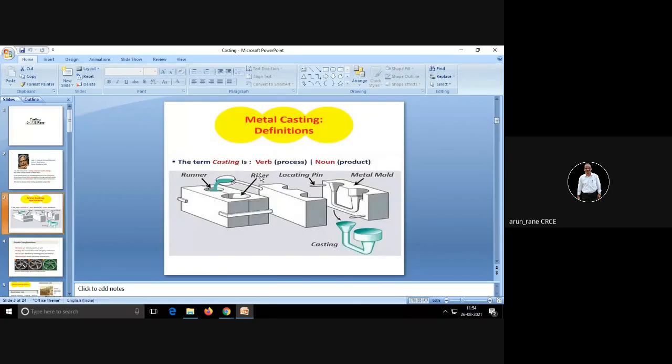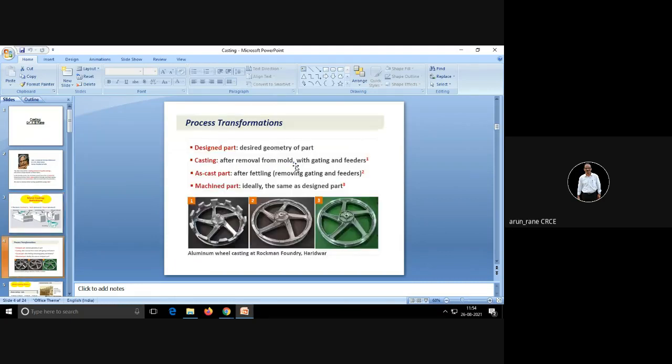So casting is a verb, that is a process, product is a noun. So where are the applications? As I said earlier, it was limited a few years back, 20 or 25 years back. It was limited only to grey cast iron, but now almost everything you can cast.